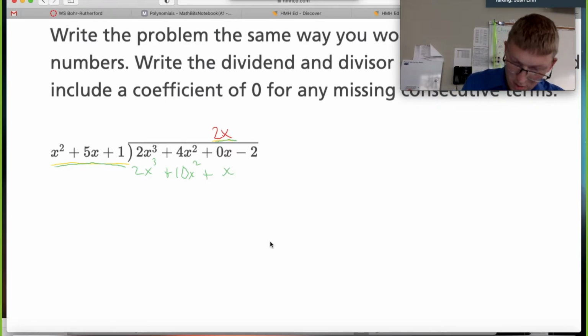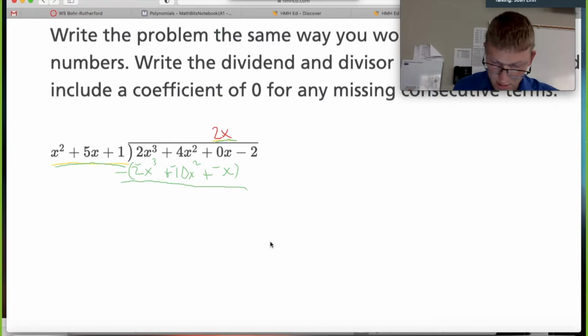Now remember, in regular division, you would then subtract this, so there's going to be a negative, negative, and negative, and you're going to subtract them together or add the opposite. So these cross out. So 4 minus 10 is negative 6x squared minus x.